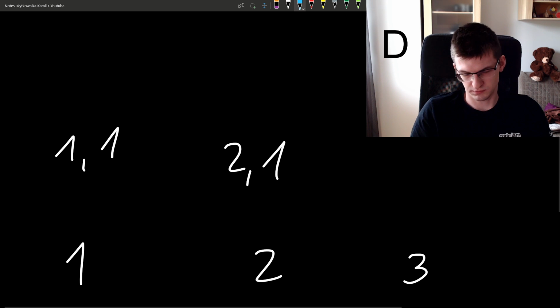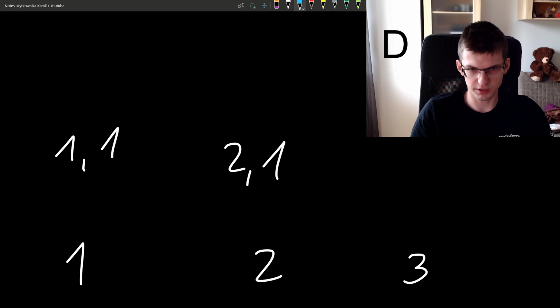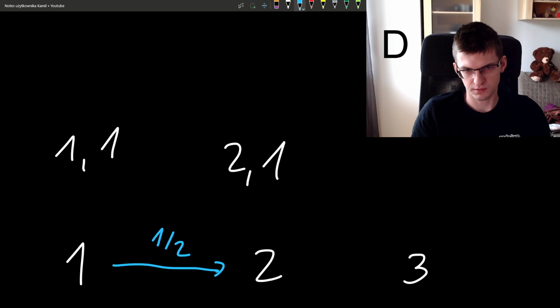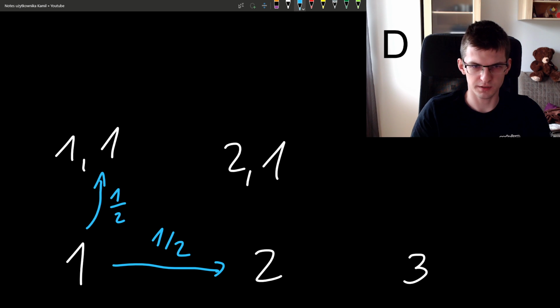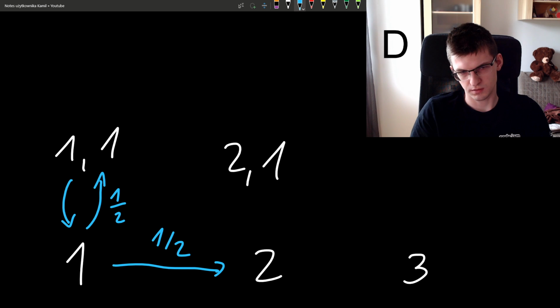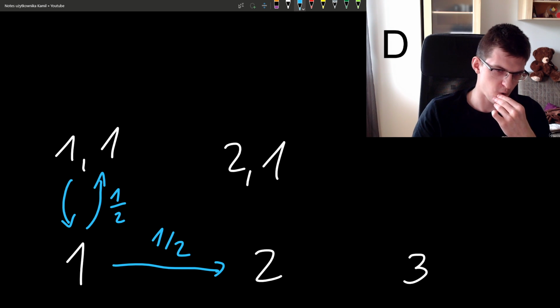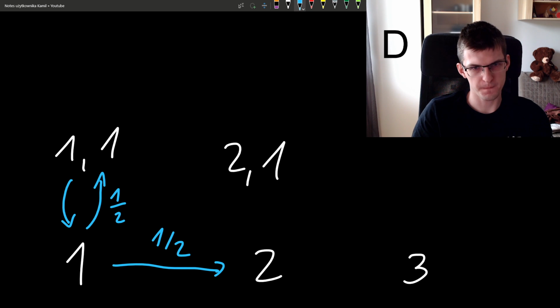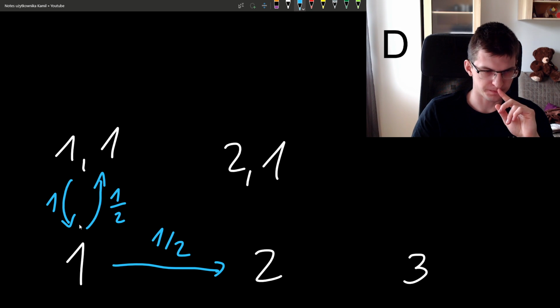From 1, we need to assign a cookie. There are 2 people. Probability half. This happens with probability half. And then we get there. And then we get there back with probability 1.